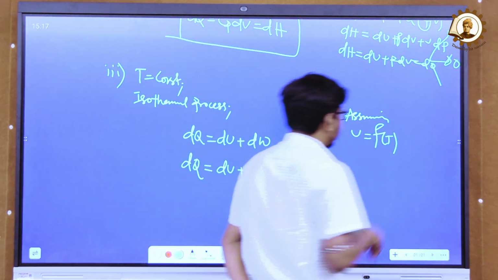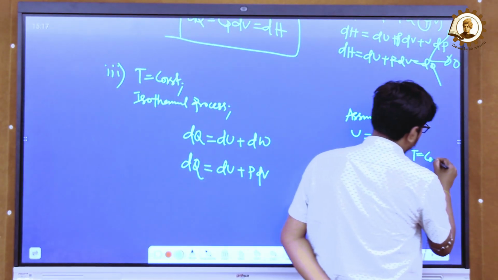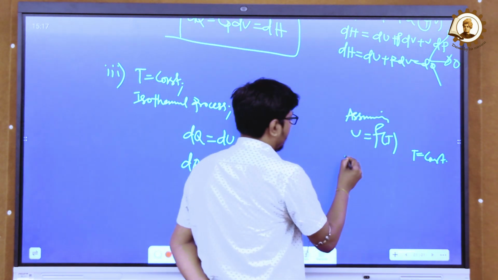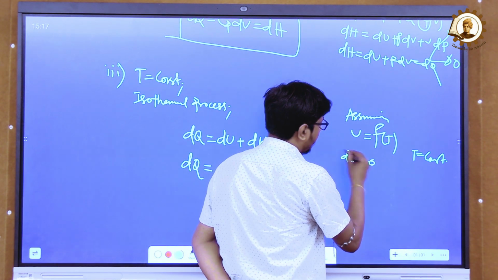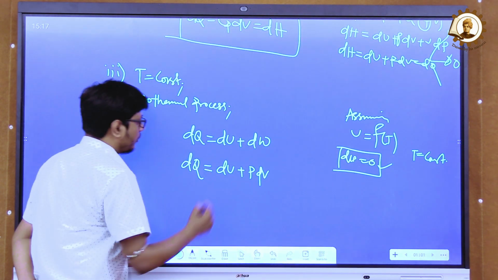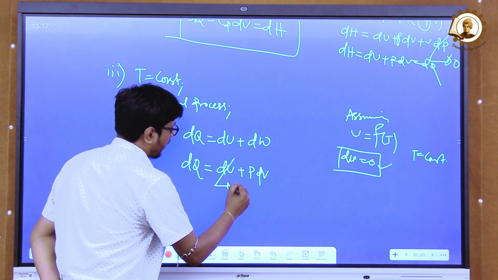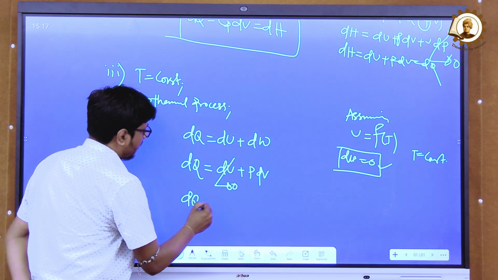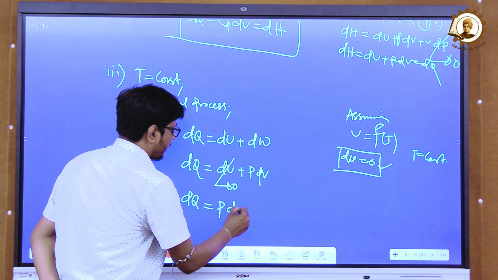So, if the temperature is constant, okay, so delta U becomes equal to 0. Okay. So, if delta U equal to 0, so what happened? Then delta Q is equal to pdv.